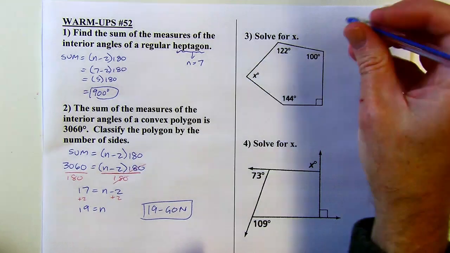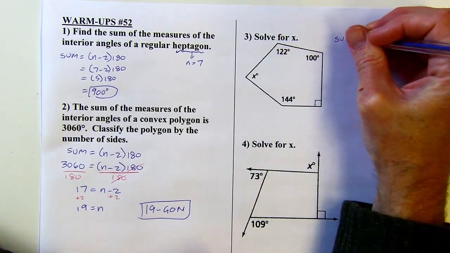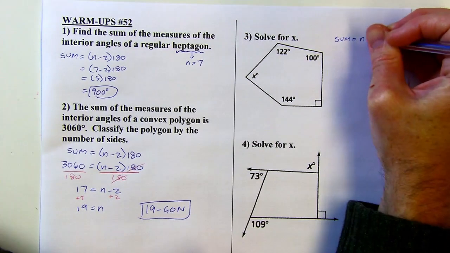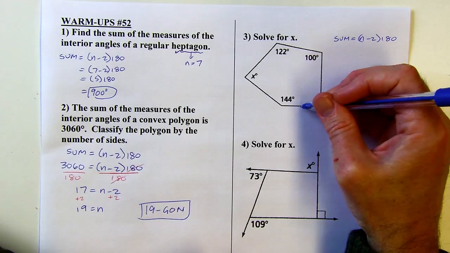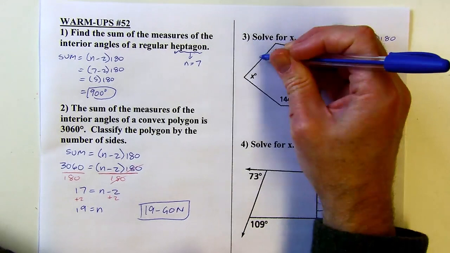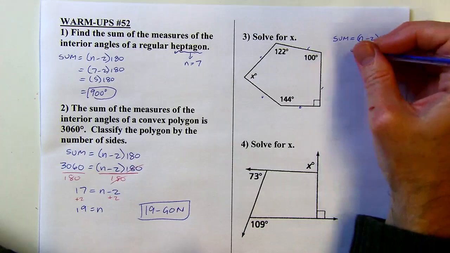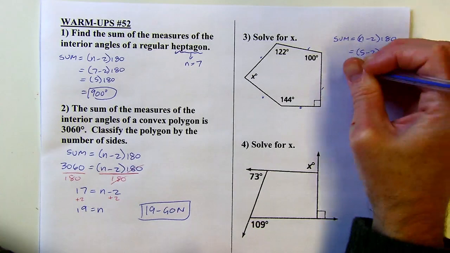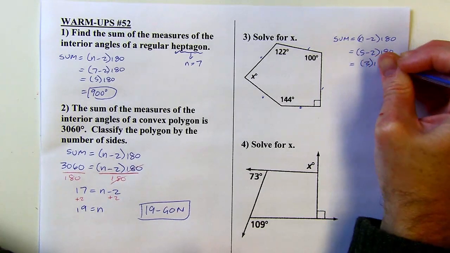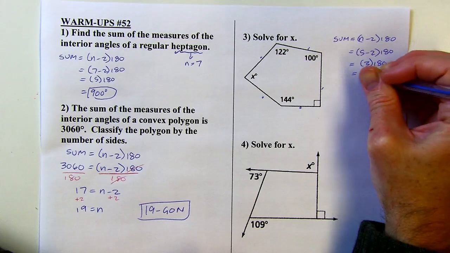So my sum equals n minus 2 times 180. n is the number of sides, so let's count them out. 1, 2, 3, 4, 5. There's 5 sides here. That's going to come out to 540.